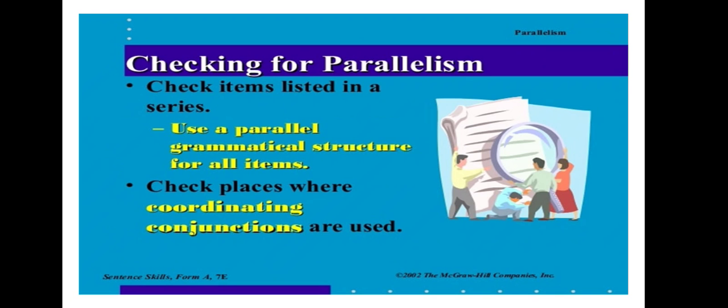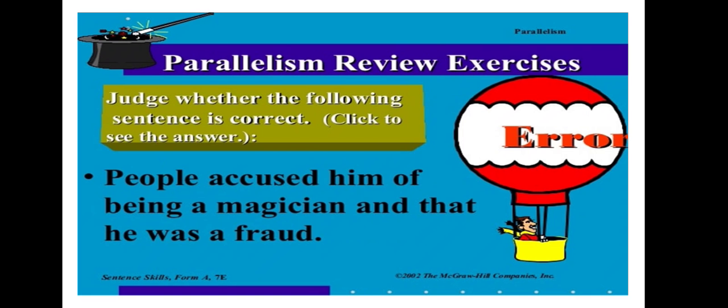Alright, checking for parallelism. From this one, guys, let's try another example. I have prepared examples here. Parallelism review exercises. Judge whether the following sentence is correct. People accused him of being a technician and that he was a fraud.